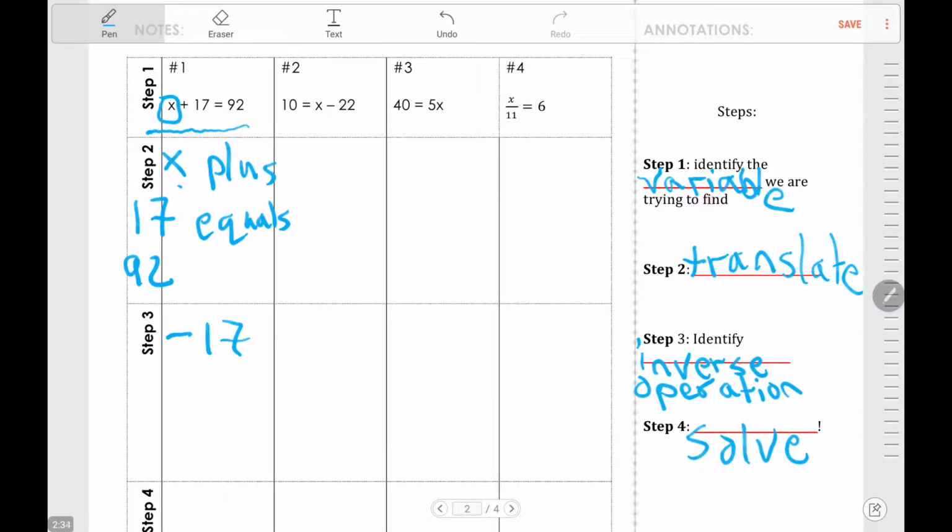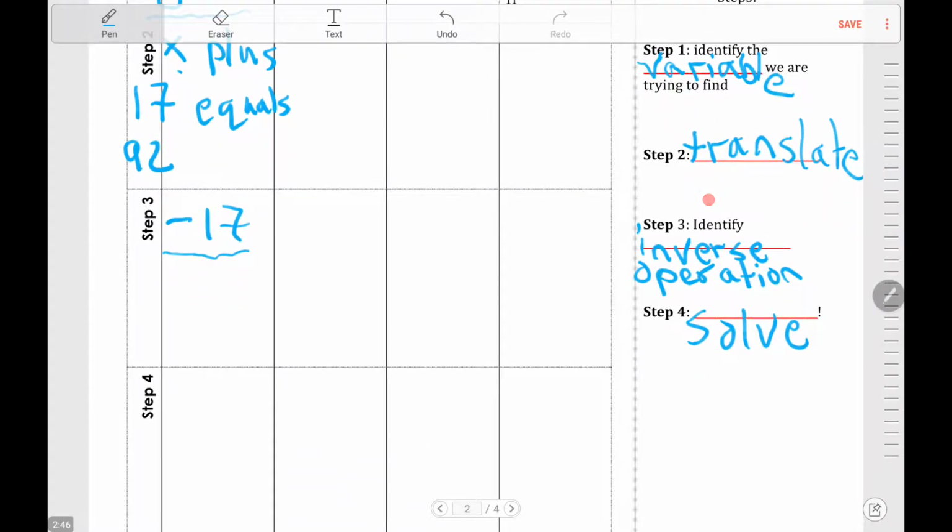And the last step is to solve. So solve means to apply the inverse operation. So that minus 17, we have to do that to something. So look at what we have here. We had x plus 17 equals 92. We identify our inverse. So we're going to say minus 17.